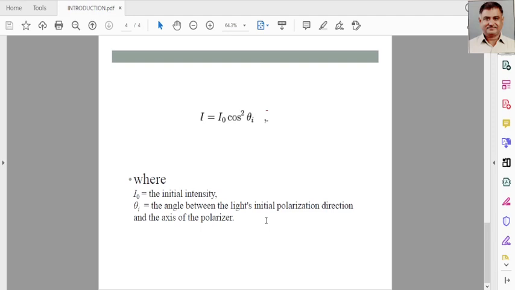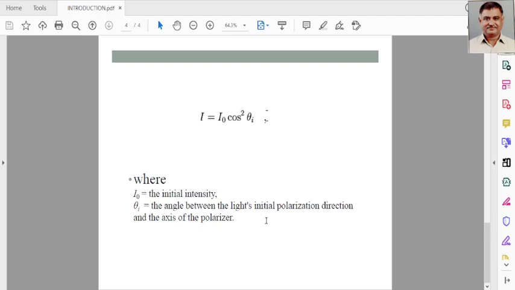Friends, in Huygens' explanation concerning double refraction, he says that if we have a double refracting crystal, then there is a formation of two wave surfaces simultaneously.